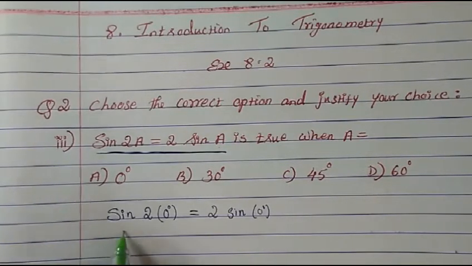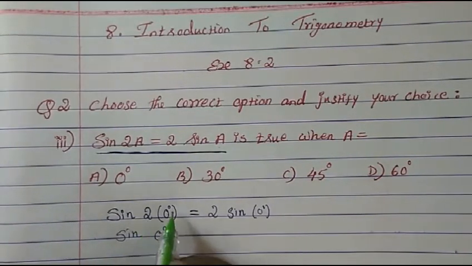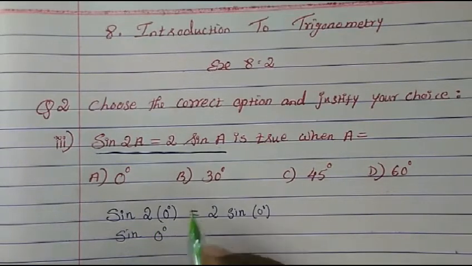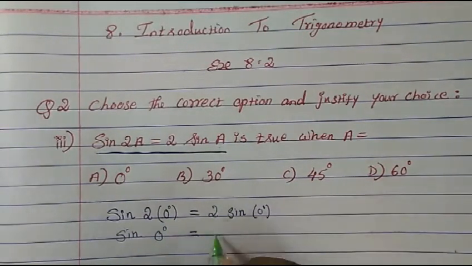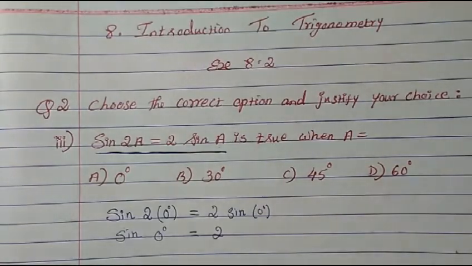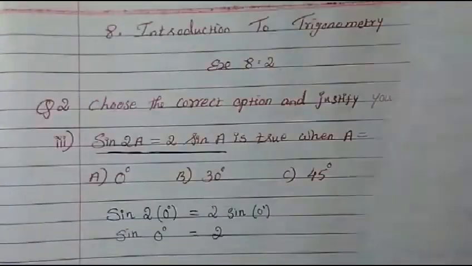So 2 into 0 will give us sine 0 degree, because any number when you multiply with 0 it will become 0. So then now 2 sine 0 here. The sine 0 degree value we have to see from the table. Sine 0 degree value is 0.